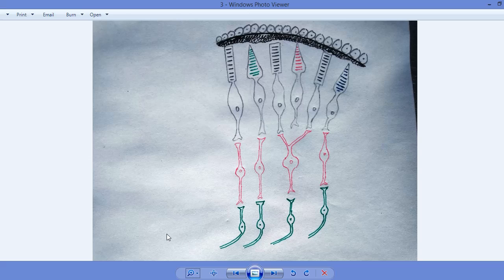the image will be formed. So once again, you should listen very carefully: when there is no image, when your eyes are closed, then these bipolar cells are continuously inhibited by rods and cones.